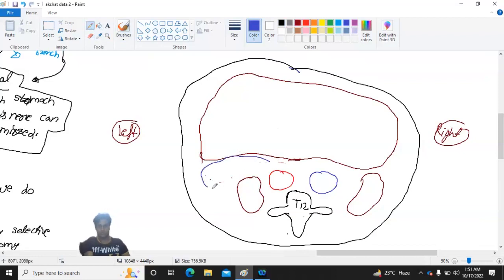Because we know the pancreas is retroperitoneal, except its tail. This is the important point about the pancreas. Its tail is intraperitoneal, but the whole pancreas is retroperitoneal. And behind this, the lesser sac. This hole is the lesser sac.